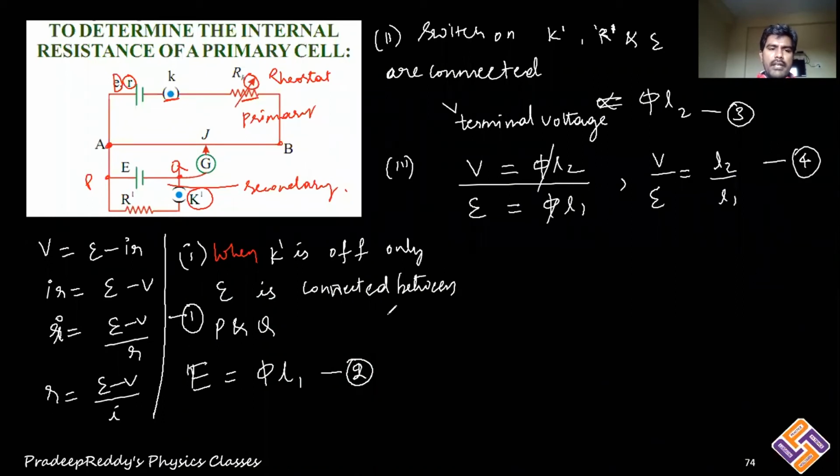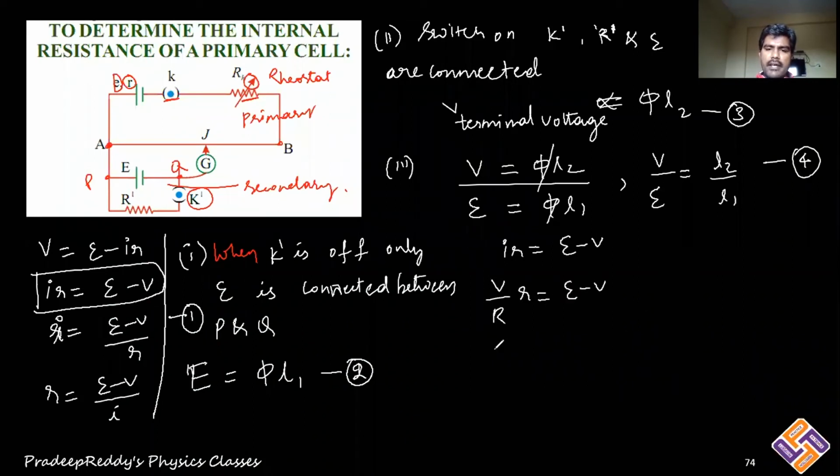Now I want to find out the internal resistance of the cell. So in order to find out the internal resistance of the cell, I will be using this part. Ir is equal to E minus V. Simply I will take I is equal to V divided by capital R, so small r into V divided by capital R is E minus V. Just bring this V onto the other side. r is equal to capital R divided by V into E minus V. This is r is equal to capital R into E by V minus 1.